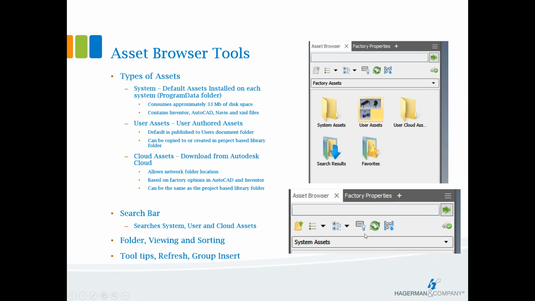We also have the ability to refresh our asset browser. If somebody adds an asset or a folder, something to that effect in, we can refresh that. And then with 2019, they've given us access to bring in groups of assets.